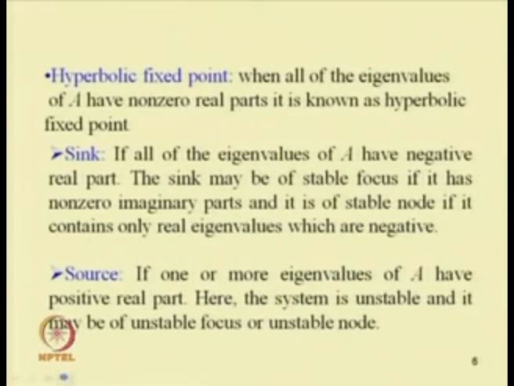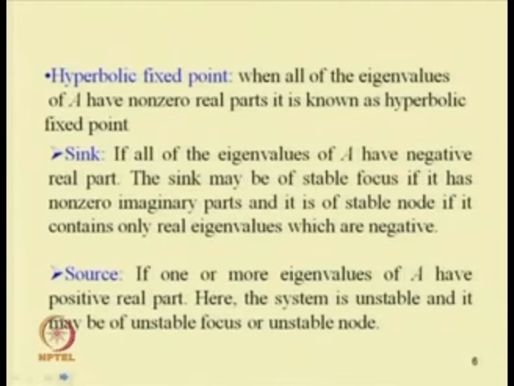Already we have discussed the hyperbolic fixed point. When all the eigenvalues of the Jacobian matrix have non-zero real parts, it is known as a hyperbolic fixed point. If some of them are 0, then it is known as a non-hyperbolic fixed point. If all the eigenvalues of A have negative real parts, then it is known as a sink.